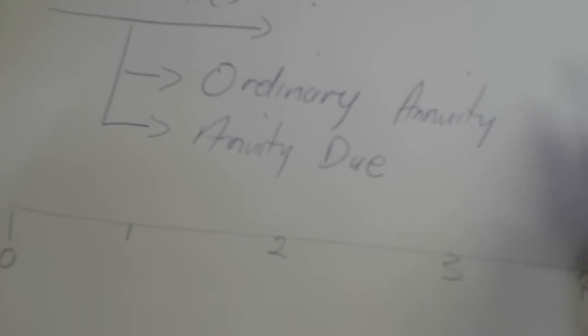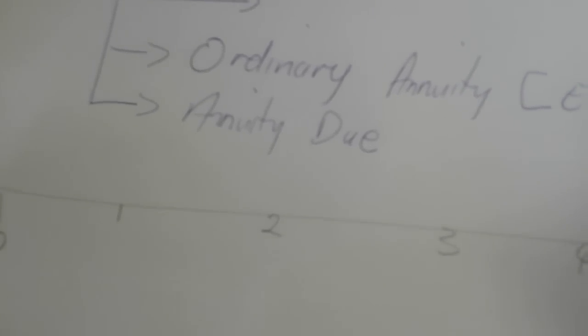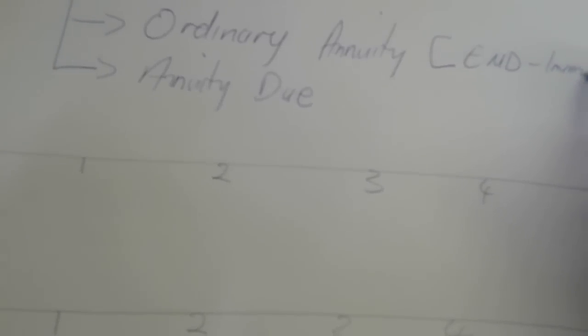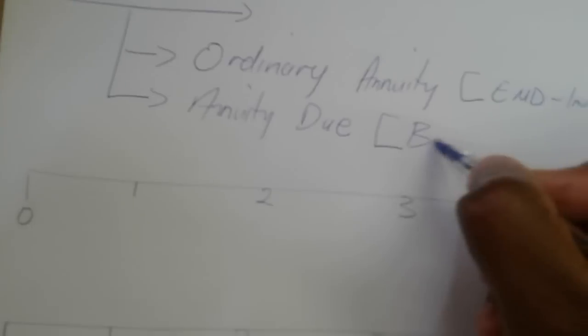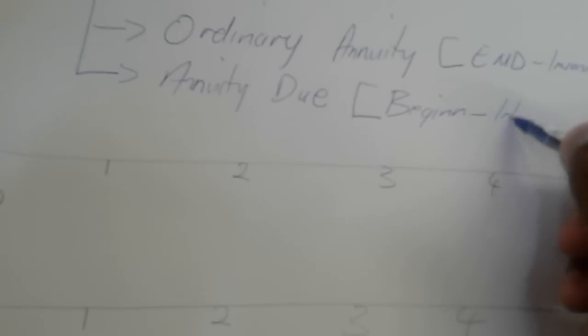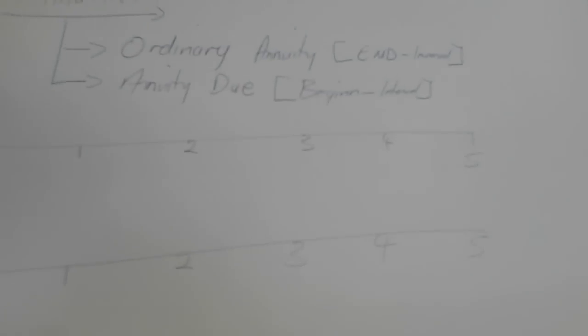Now, an ordinary annuity normally is when payments are made at the end of each interval. And normally an annuity due is at the beginning of each interval. So, for example, if you're paying money monthly, you pay at the beginning of each month, normally that's an annuity due.